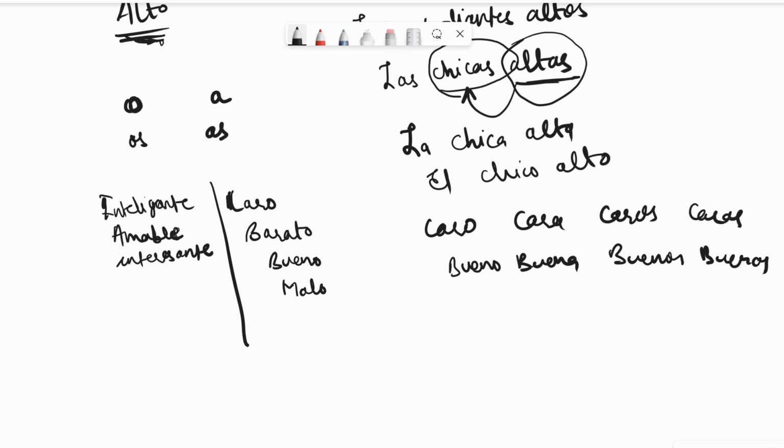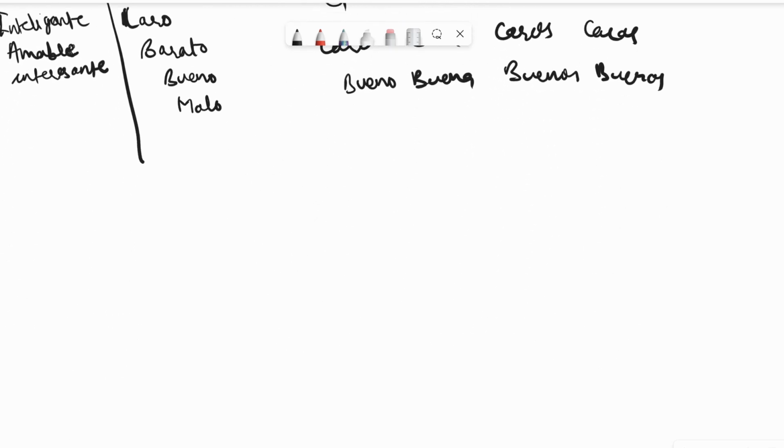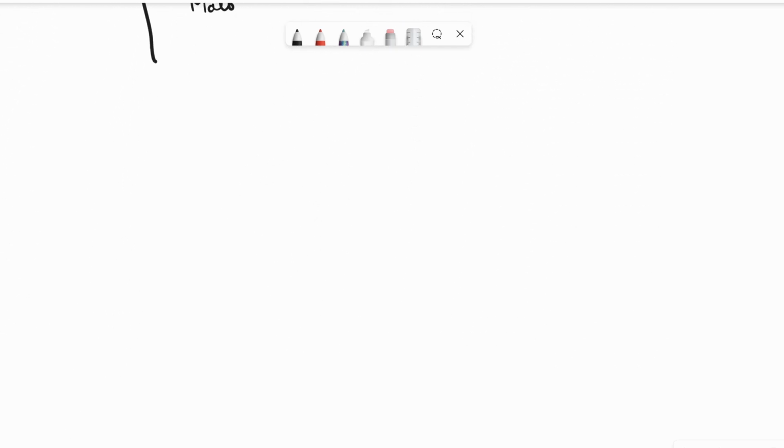Now, when it comes to the adjectives that end in E, in that case, it does not change with the gender of the noun, but it would change with the number of the noun. So the adjectives that end in E are gender neutral, right?